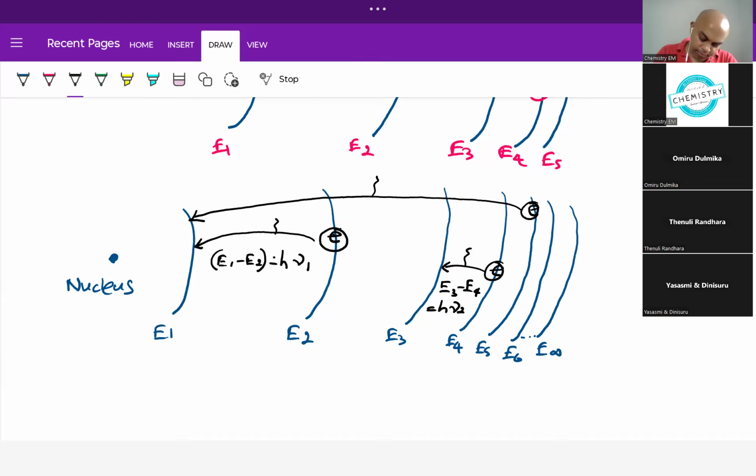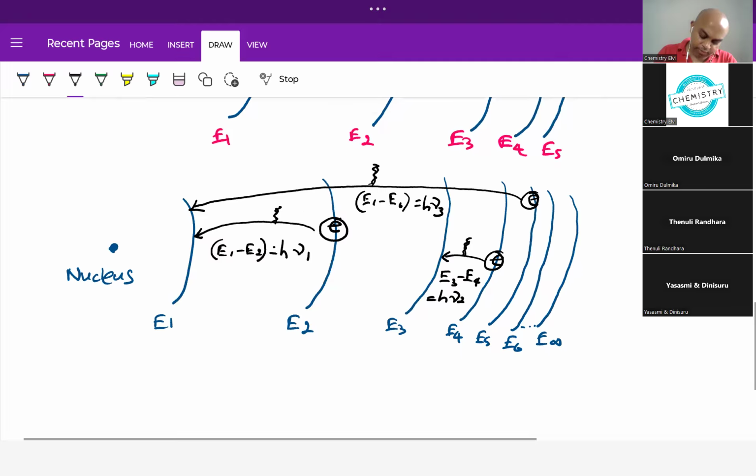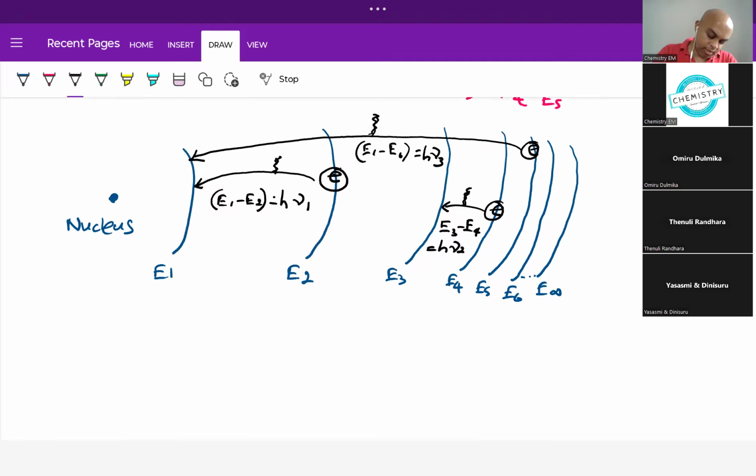Draw this one. So this is E1 minus E6 equals nu 3. So this is energy releasing, right? So in this direction it is increasing.